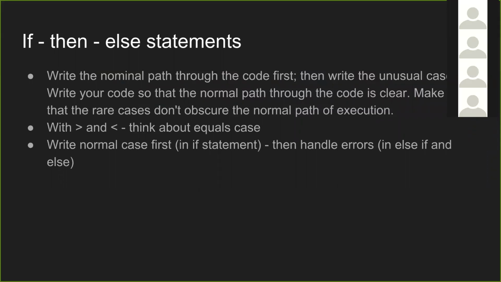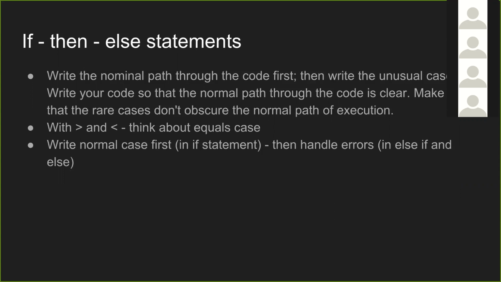So for if-then-else statements, or if-then statements when you don't need else, you need to write the nominal path through the code first, then the unusual cases. This enables the developer who reads the code to handle the most usual case there, and since exceptions or unusual cases happen more rarely, he will need them less and less.